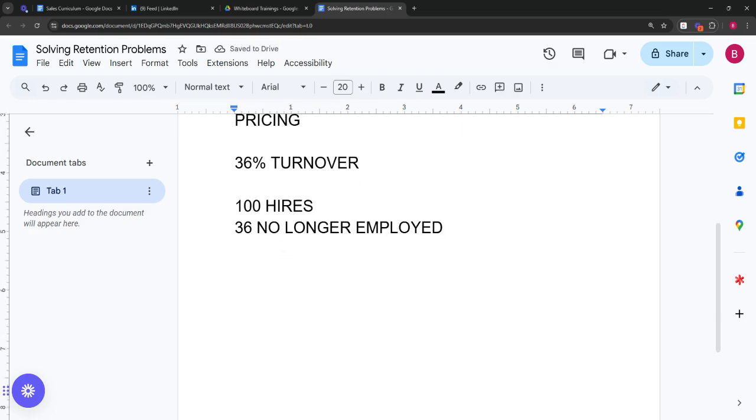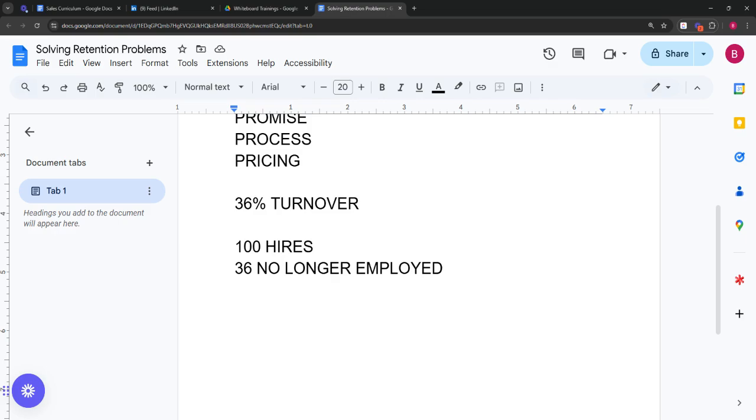This was the ratio. Now, I know there's some leaders, some business owners, maybe some HR folks that see that number and gasp. That is an incredibly expensive problem to have. So how are we going to solve it?